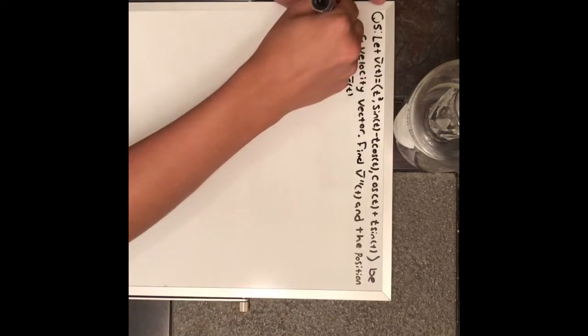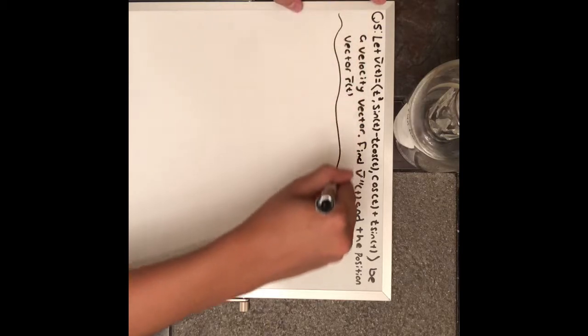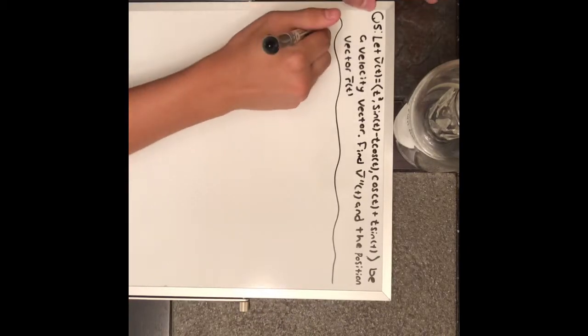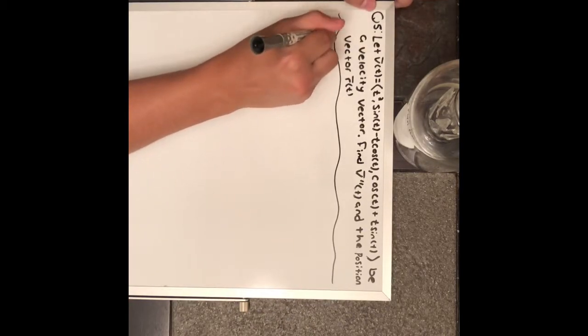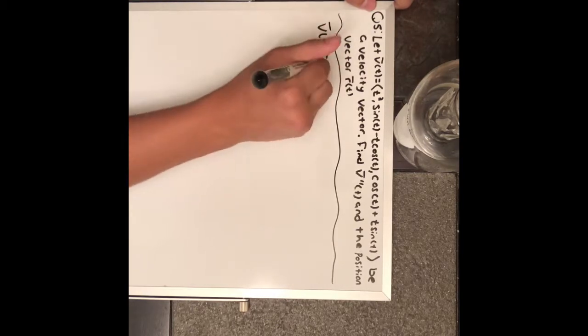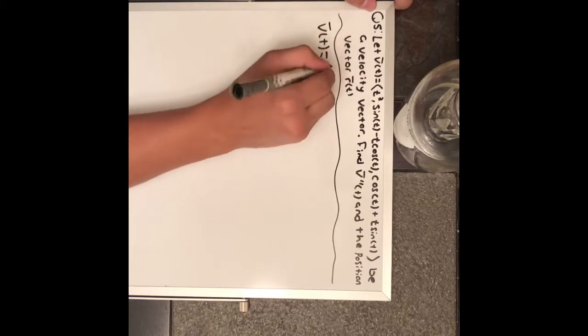So, to solve this problem, we're going to need to be well accustomed to derivatives and integrals. In order to find v double prime, we must first find the first derivative of v. However, let's start by writing out what vector v is, just to have as a reference when we're working on the derivatives.